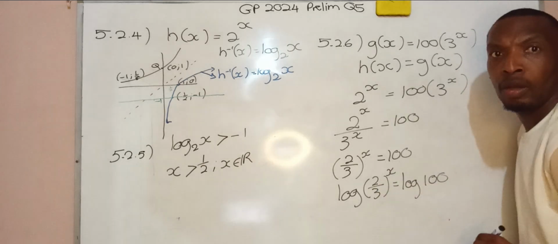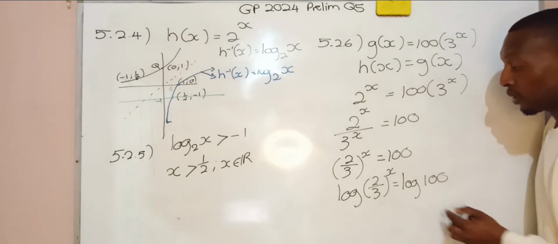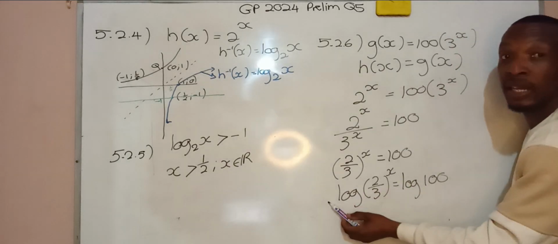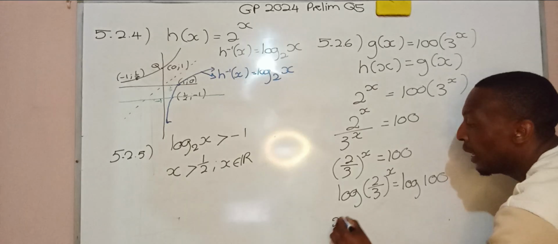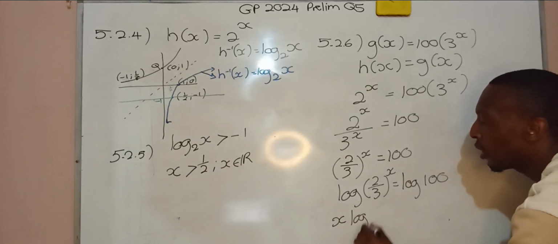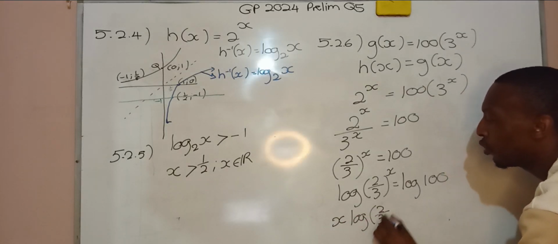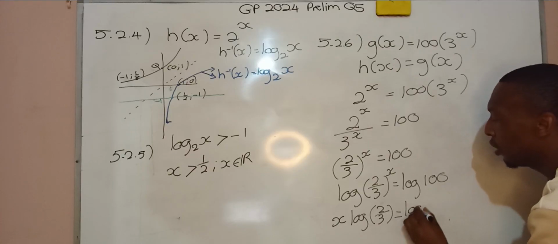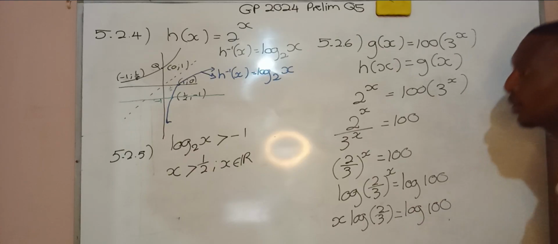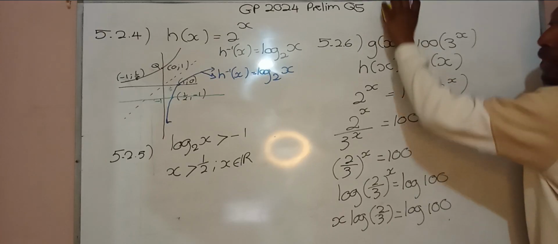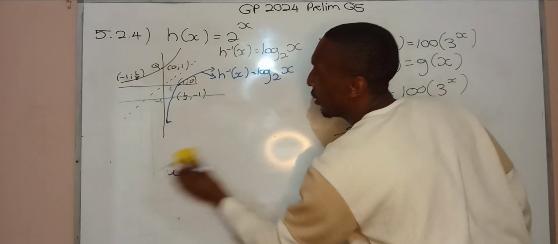Okay, right? Log laws says I can bring this down. So this means x times log of 2 over 3 is equal to log 100. Allow me to continue this on this side.